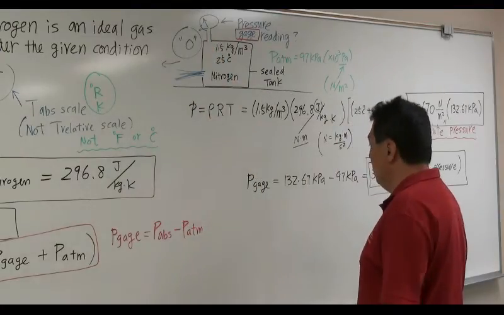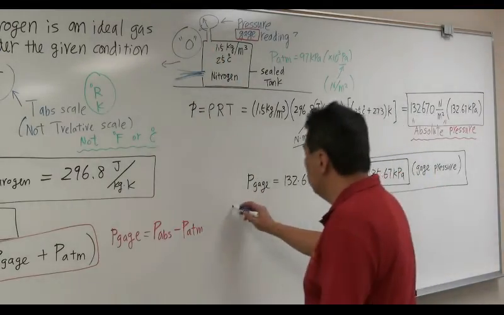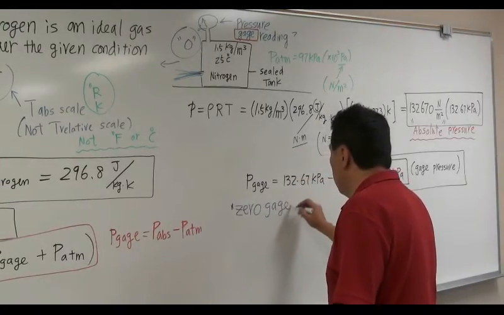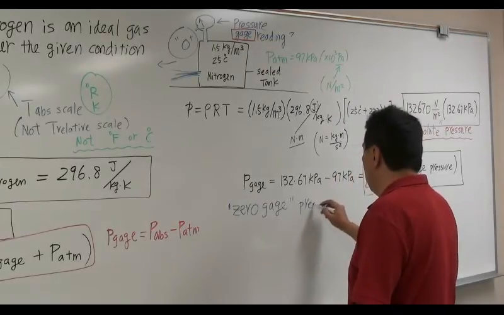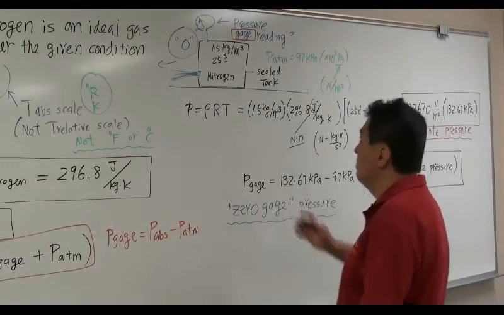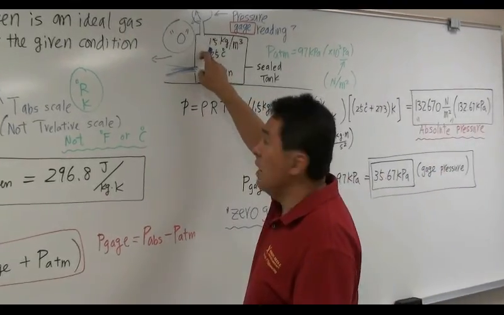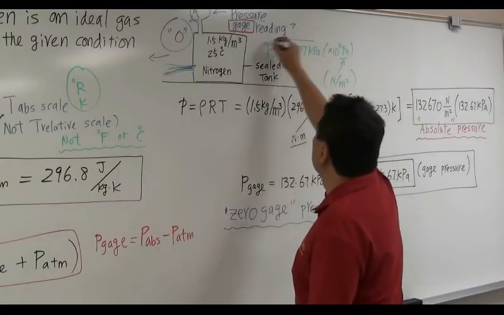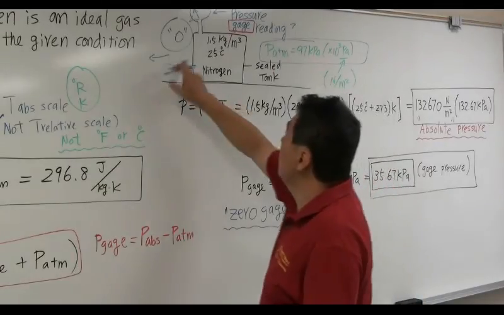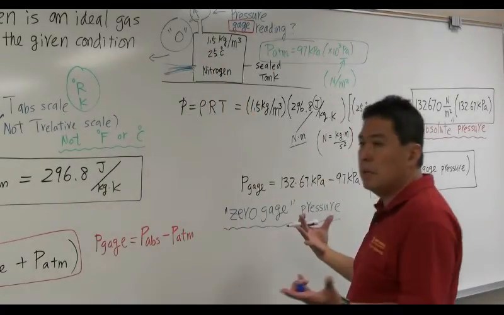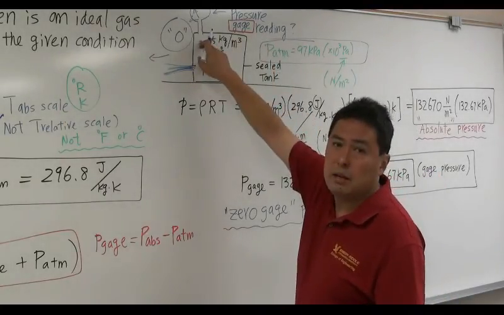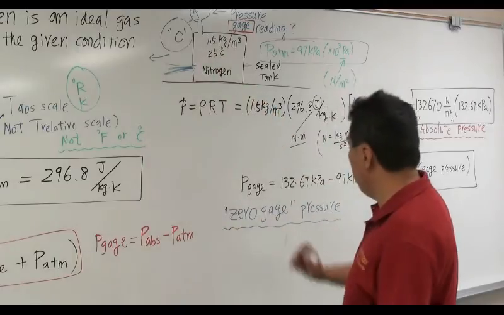So this introduces you to the concept of zero gauge pressure. What is zero gauge pressure? That is when the pressure inside this tank is equal to the atmospheric pressure surrounding the tank. Pressure inside and outside are the same, there's no difference. So if you have a pressure gauge attached to the tank, it only shows zero gauge.